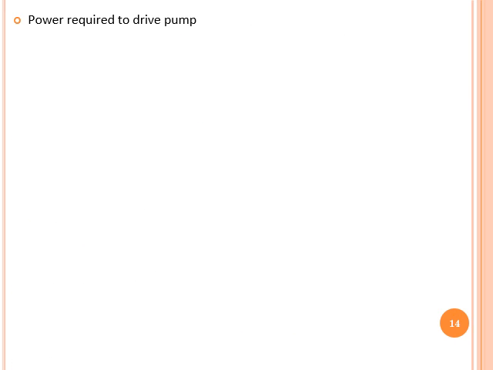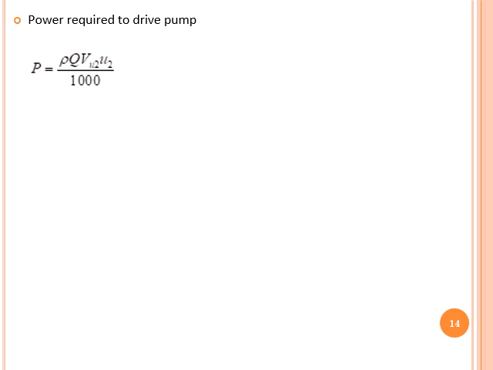Then what is the power required to drive the pump? The power required to drive the pump is calculated by using the formula. The power is equal to rho into Q into Vu2 into U2 by 1000. Here rho into Q represents the mass of the fluid flowing through the centrifugal pump.